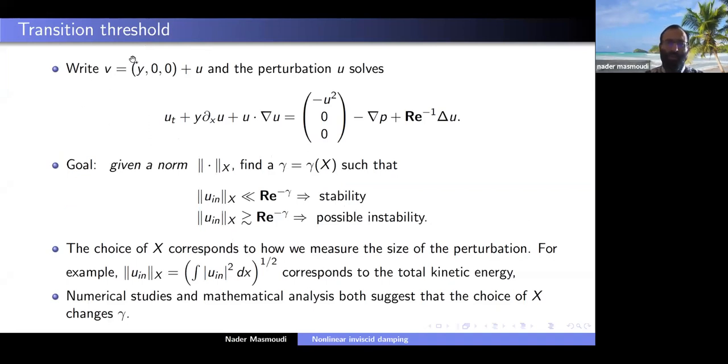And the problem of transition threshold usually is the fact that if one perturbs, so if one takes U in some space, if U is small enough related to the Reynolds number, so it's like viscosity to some power, then you get stability. But if you are bigger, then you can have possible instability. So this is usually what we call transition threshold.